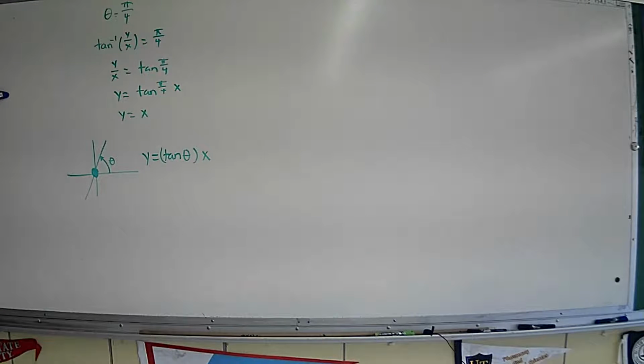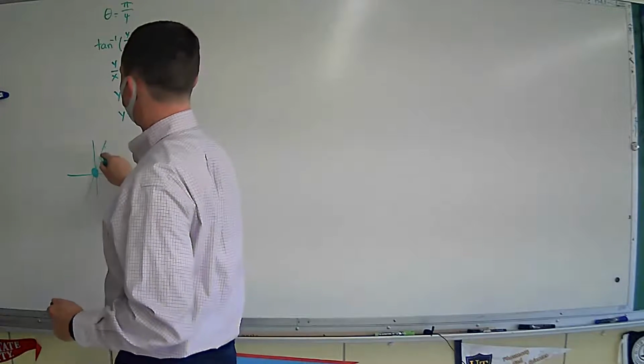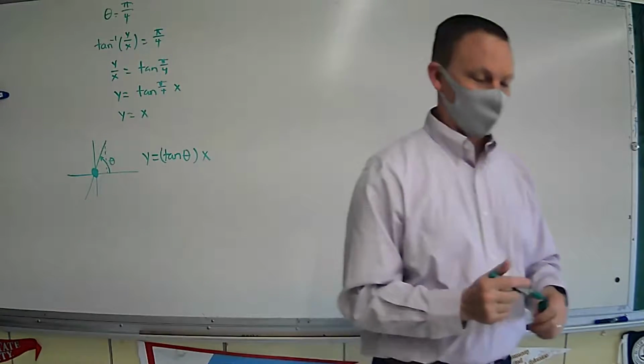The slope of a line through the origin is the tangent of the angle that that line makes. That shouldn't be a cosmic leap for us. If it goes to the origin, the slope is just y over x, right? And all you have to do is drop this perpendicular, and now you've got a right triangle.